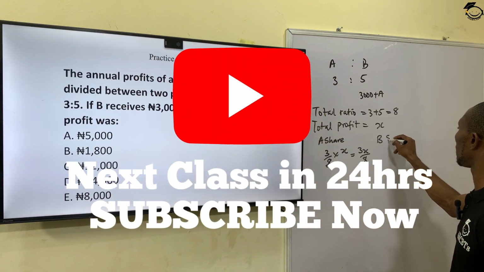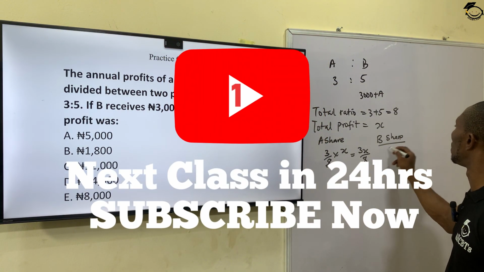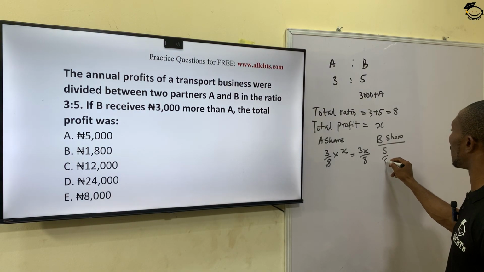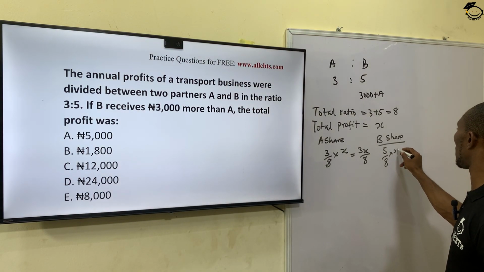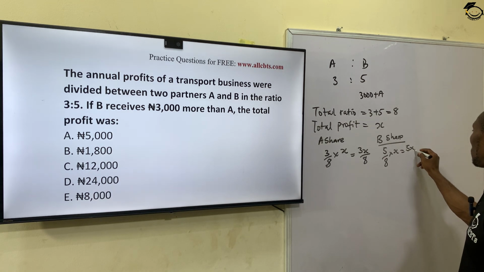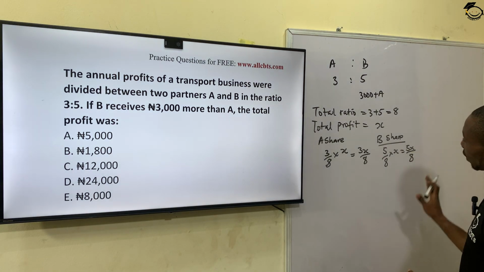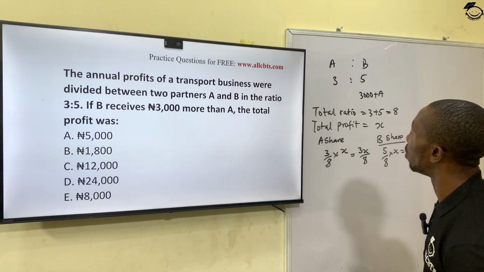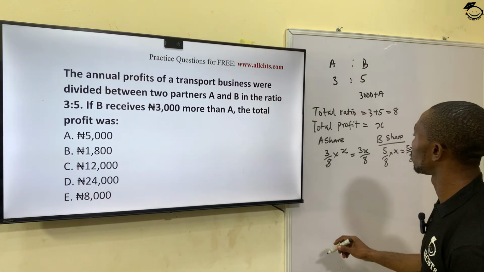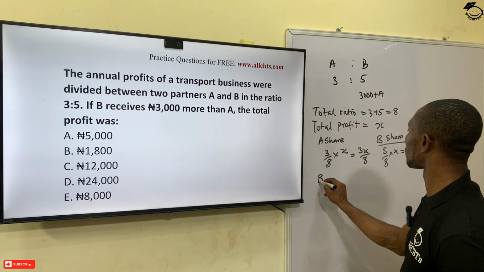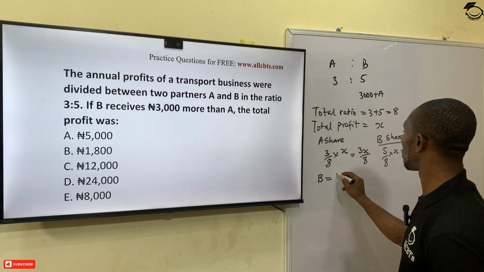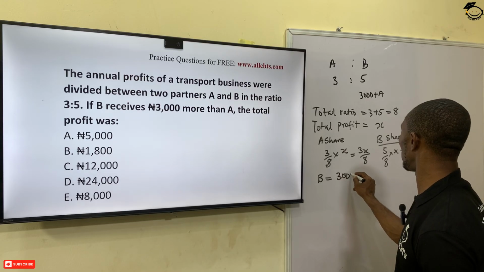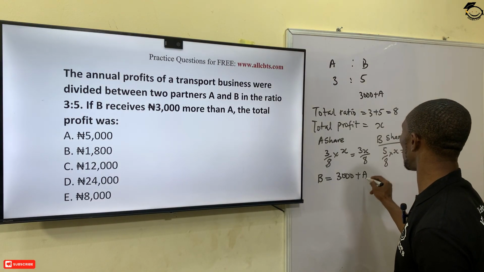And B's share, which is 5/8 times X, will give us 5x/8. That's its share. Now, we are told that B had 3,000 more than A. That means for B, we can say his share was 3,000 plus A's share.